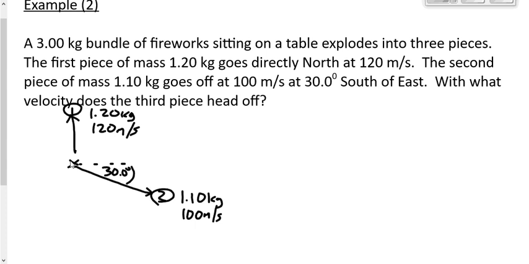Where do you think the third piece is going to go? There is a little bit of guessing here, but the good news is if you guess wrong, it's a situational diagram. It's just to help you visualize it, right? So it's not the end of the world. If you guess wrong, where do you think it's going to go? Yeah, we know for sure it's going to go left because we have momentum to the right. It has to cancel out, right?